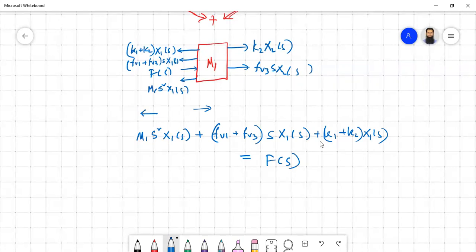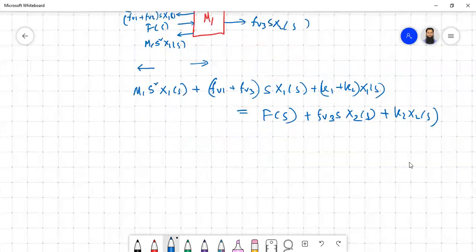Then you have plus FV3 S X2S plus K2 X2S. So take all the impedances on the other side.